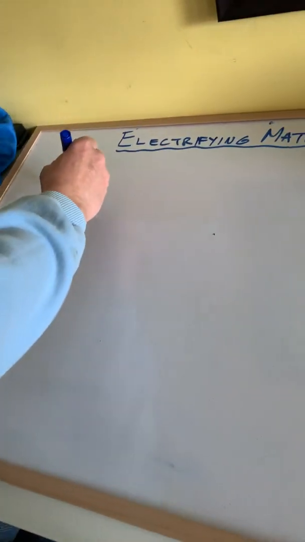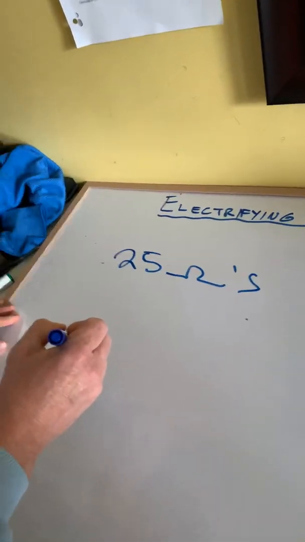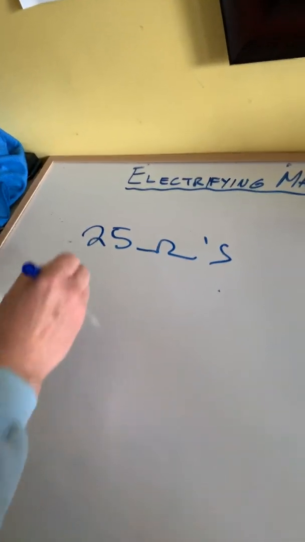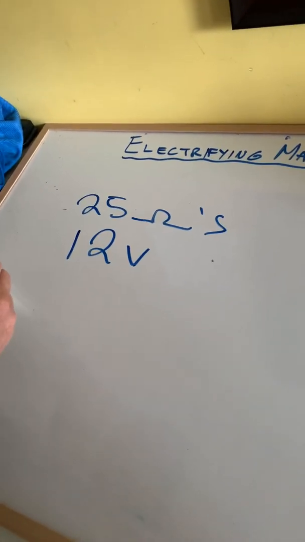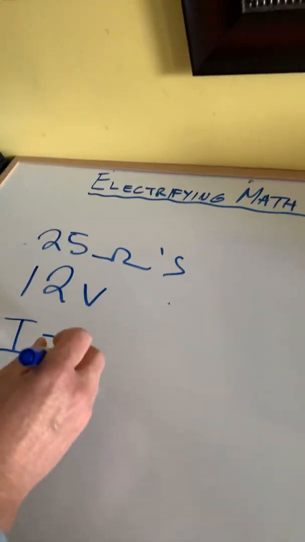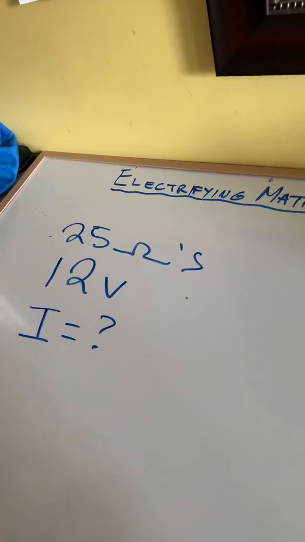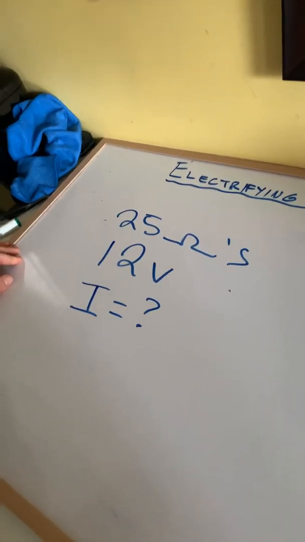Number 4. We're given 25 ohms and a voltage drop of 12 volts. Calculate the current. We love these ones, right? Because it's classic Ohm's law that involves the relationships between voltage, current, and resistance.